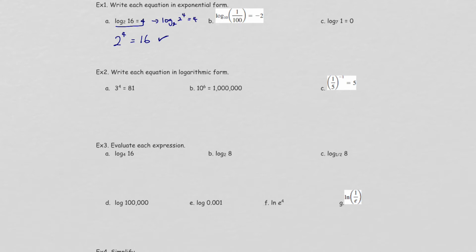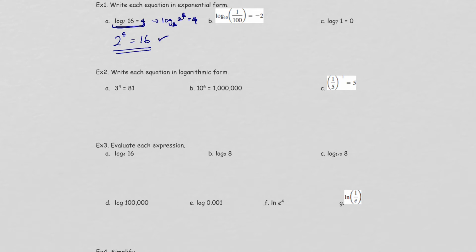Remember, when our property says the small base and larger base are the same, then the exponent is the solution, right? But just looking at it for the first time, you have no clue what you're looking at, right? We're more familiar with the exponential at this point. That's what we're trying to get, familiarizing you with logarithms by converting from one form to the other.